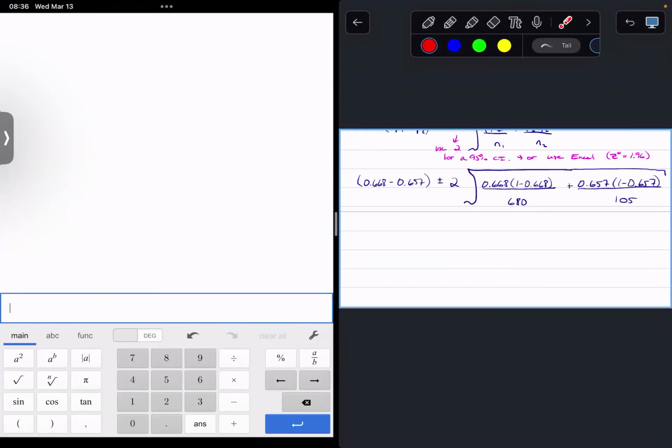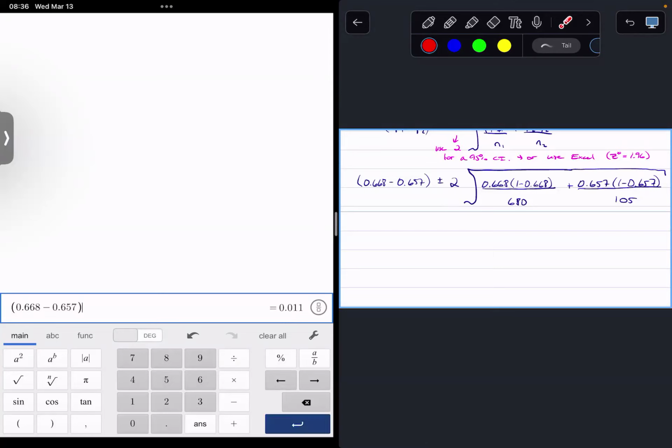I can see both, which helps. So I have 0.668 minus 0.657. I would have had these pre-baked, so to speak, except yesterday when I did this example in my other class, I had a typo that I didn't catch, so we'll start fresh.